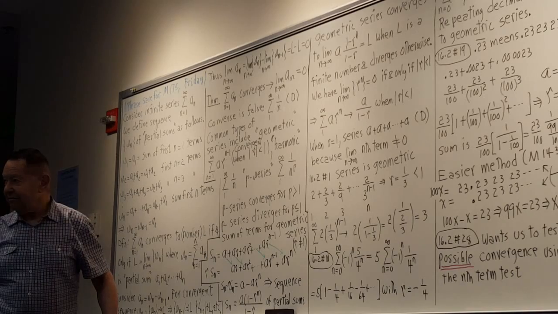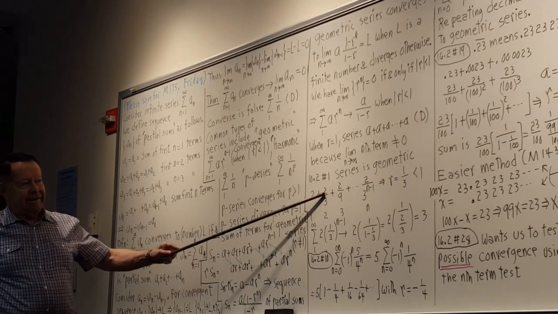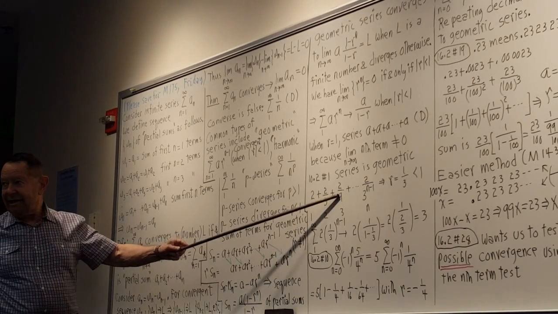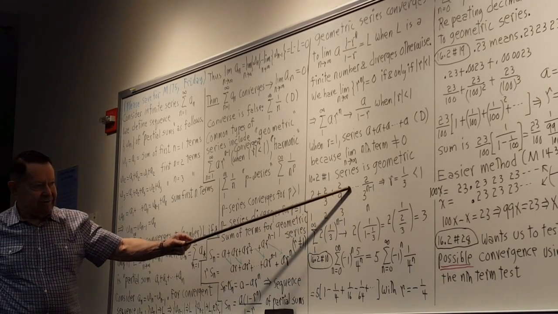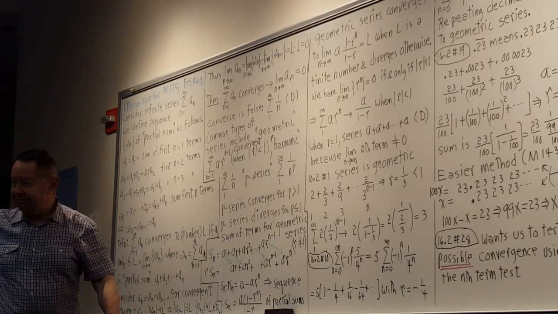Well, you can kind of believe that. You see, you're starting out with 2, and then 2 and 2/3, and then you're adding 2/9 to that, and then 2 over 27, and so on.